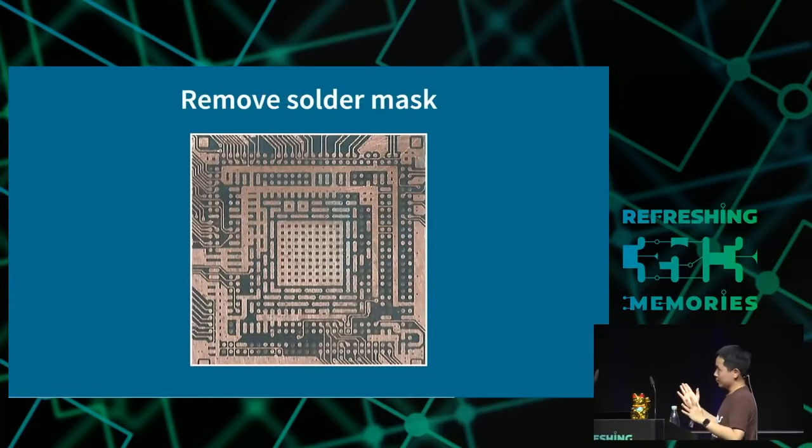So with the solder mask gone, you see the copper layer corresponding to the different pins here. And one thing I want to point out is you can see that some of the pins look like pins and other ones look like they're part of a sausage.